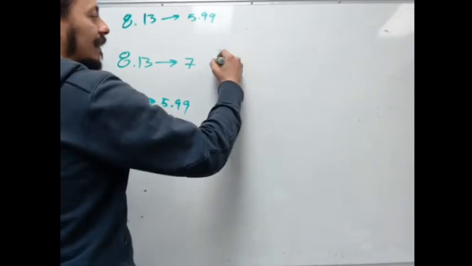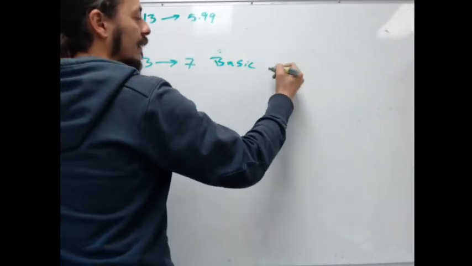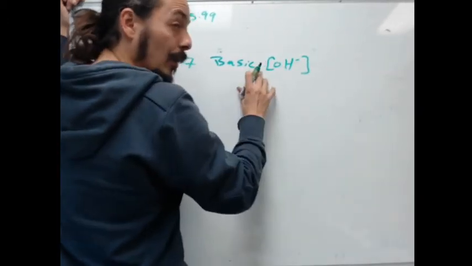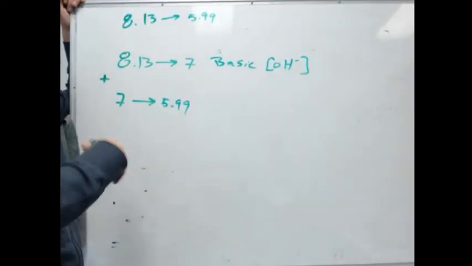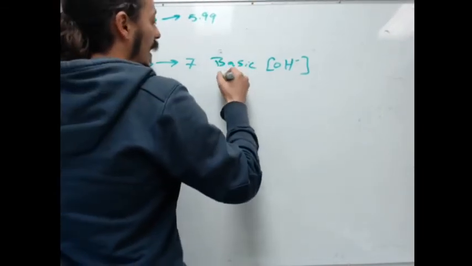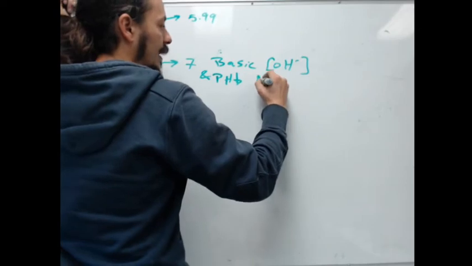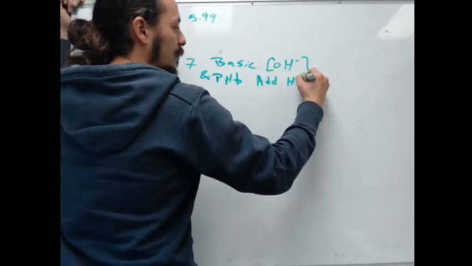I have to recognize that this is basic, so I'm going to do it in terms of OH minus, because OH minus is going to be dominating the equilibrium above 7. And then pH is going down, so we're going to be adding H plus.